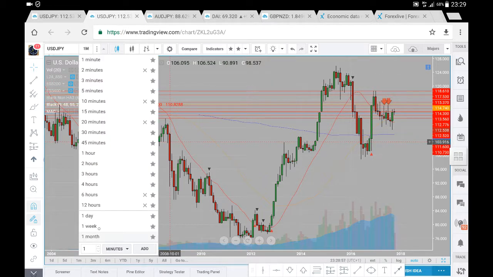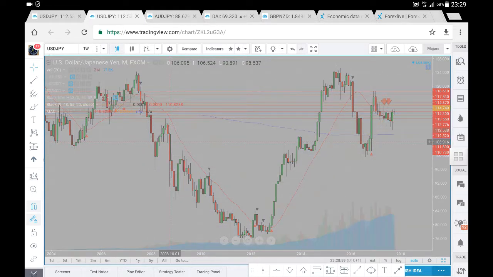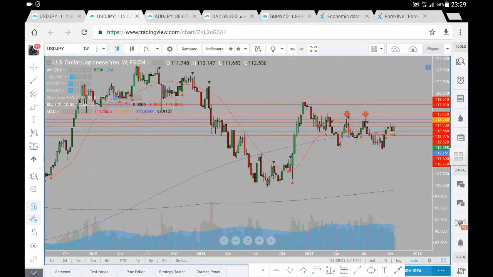So if I have a look down on the weekly time frame, we do have a sloping trend to the downside, a series of lower lows and lower highs. But most recently, we have come up and we look poised to buck that trend to the upside.